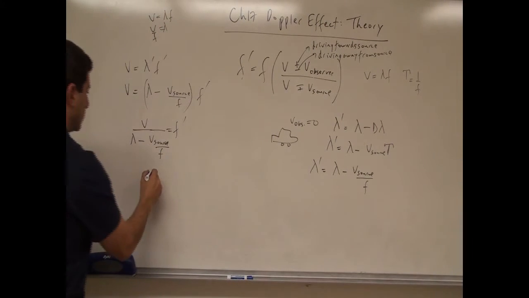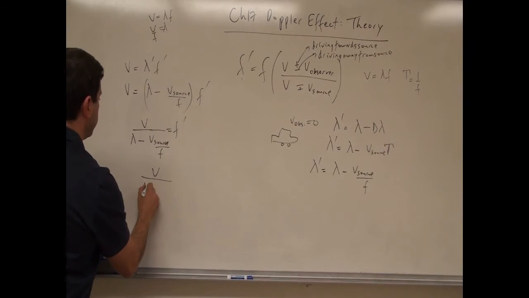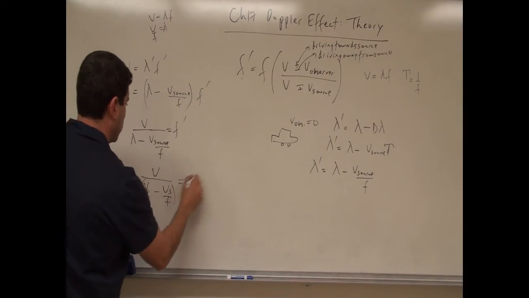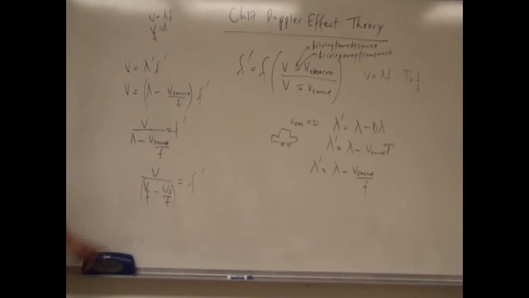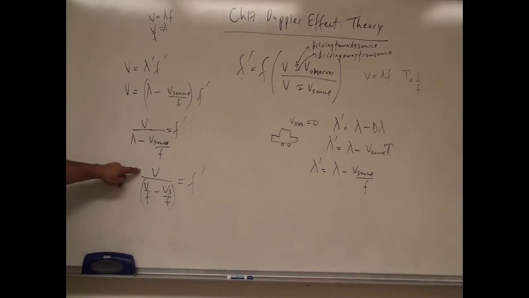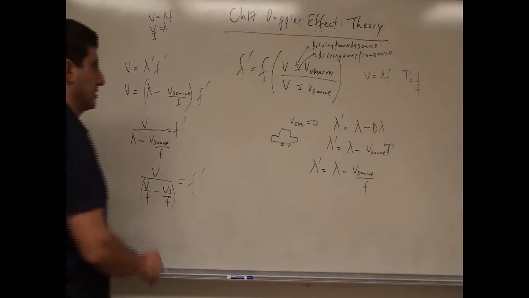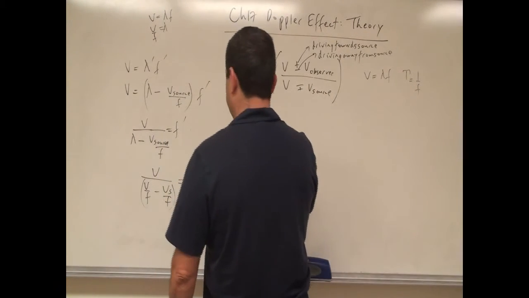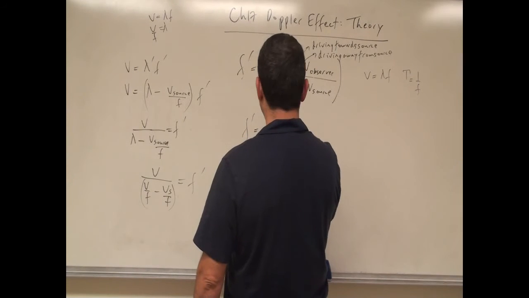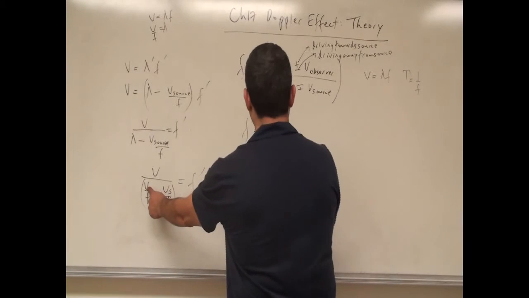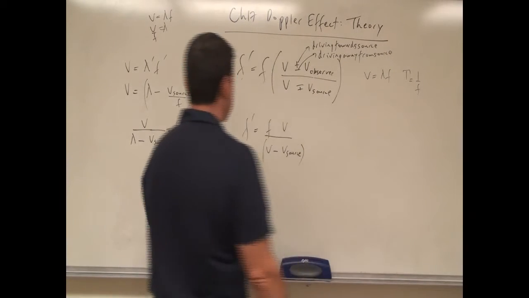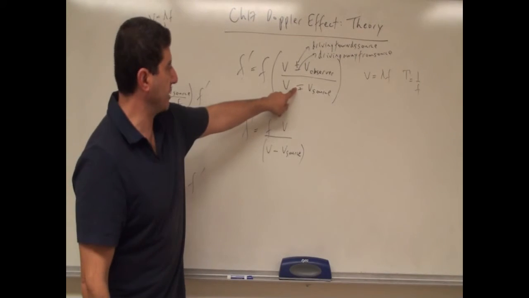So we can write here V over f minus V source over f prime, right? And then factor out the f, and it goes to the numerator. So therefore f prime is equal to f V over, and on the bottom you have V minus V of source. Okay, therefore this is exactly this equation.